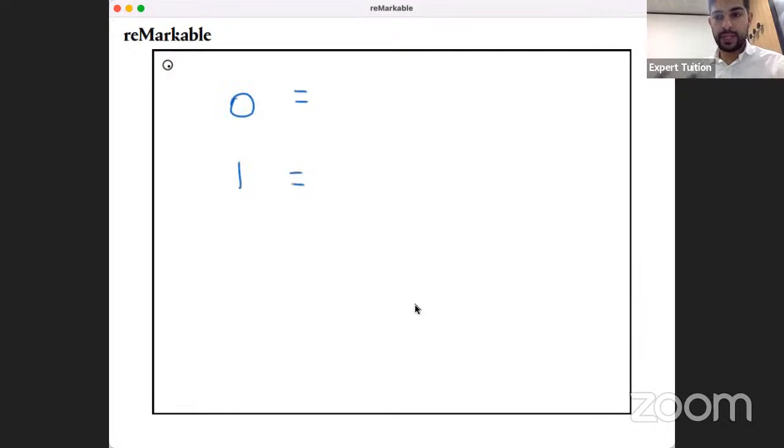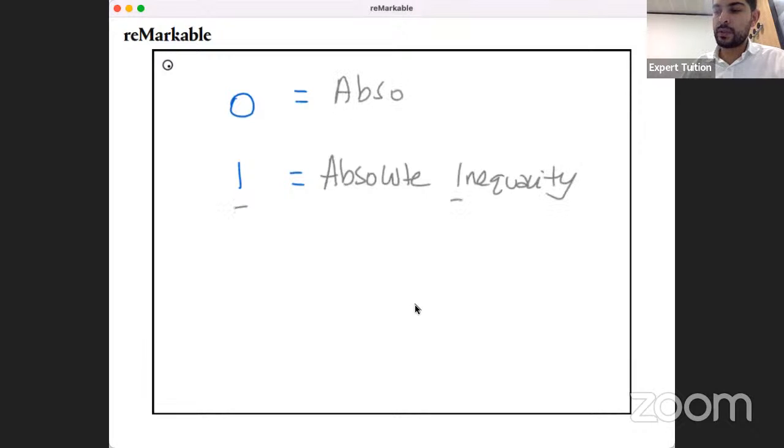They forget which one represents what. There's a silly way of remembering it. The number 1, what letter does it look like? Obviously, it looks like an I. This is therefore absolute inequality. Make sense? Absolute inequality. 0, therefore, is absolute equality. That's the scenario where everyone in the economy has the same amount of income.